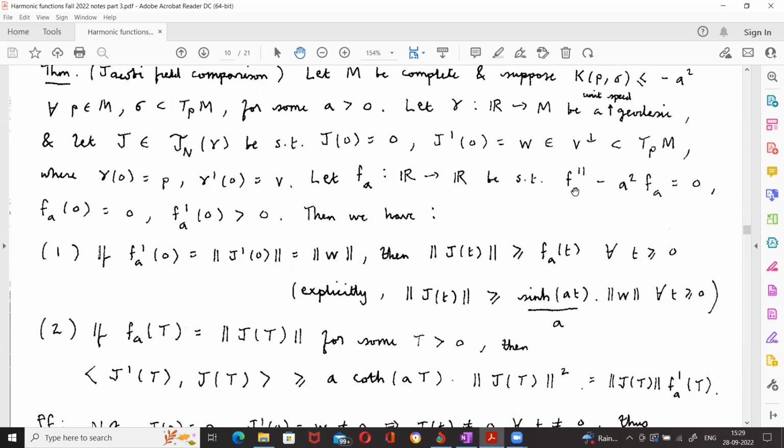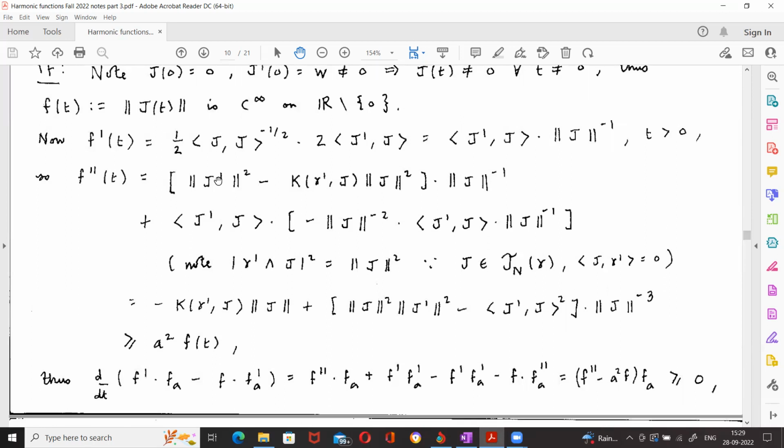It satisfies the differential equation f double dashed minus a squared f equal to 0, whereas our function f satisfies the differential inequality f double dash minus a squared f greater than or equal to 0. Is this clear?